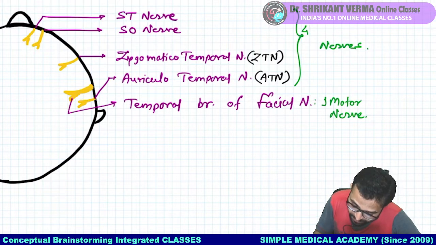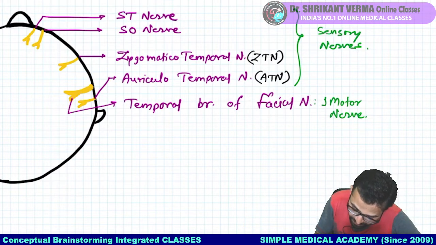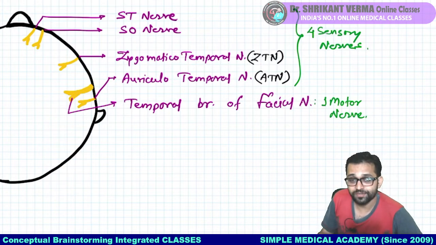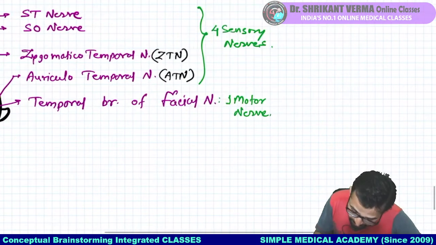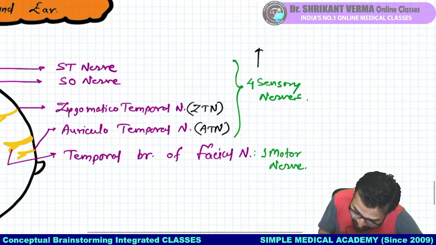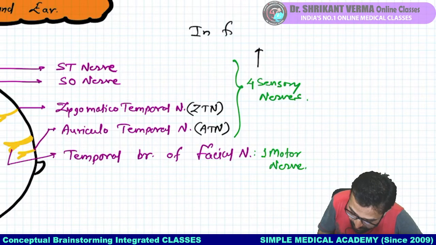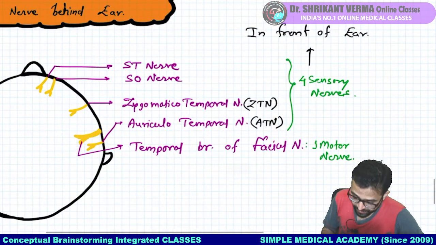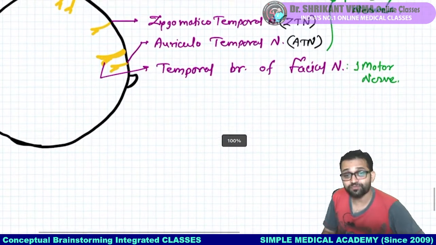Fine. 4 sensory and 1 motor nerve, definitely in front of the ear. Okay, and now what are the different nerves behind the ear?